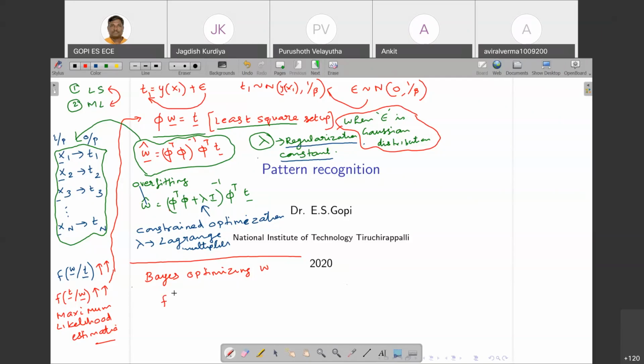We wanted this f of W, right? That is what we need. If I know that, then we can directly go for conditional mean and median and MAP and more.